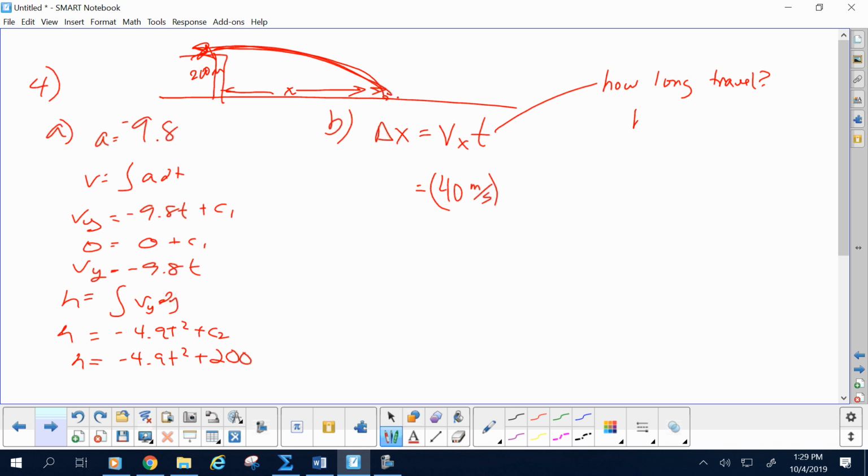Okay, so I need to find when the height is 0, and the height is 0 at the square root of 200 over 4.9. You agree? Okay, so if you take that amount of time it's in the air, in seconds, times 40 meters per second, that tells you it travels blah meters. Okay?